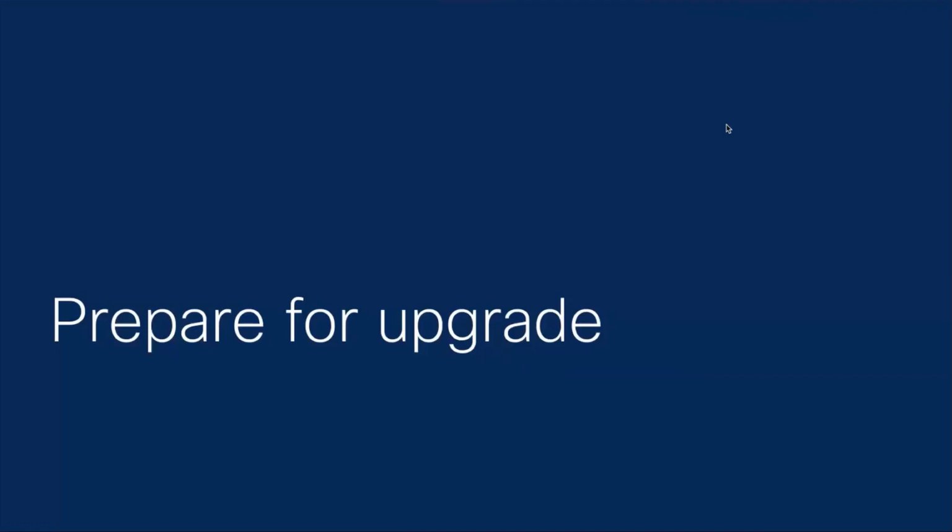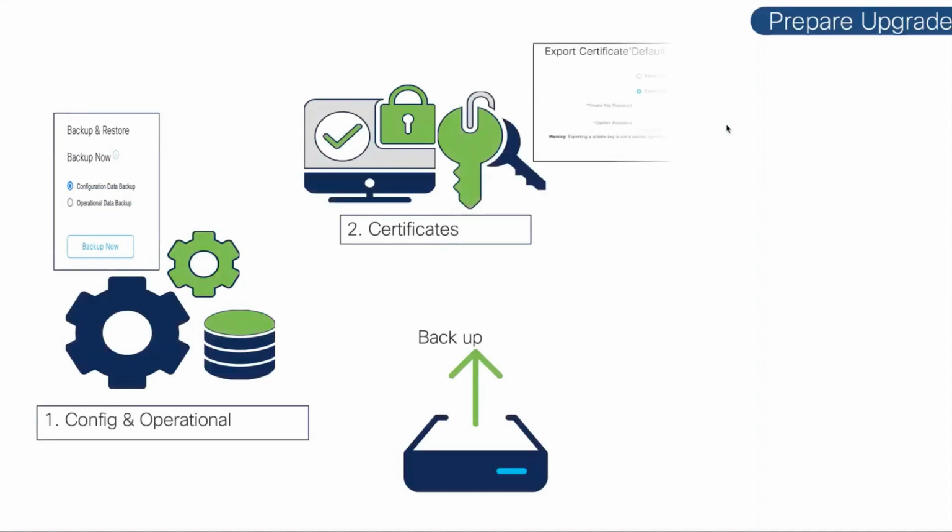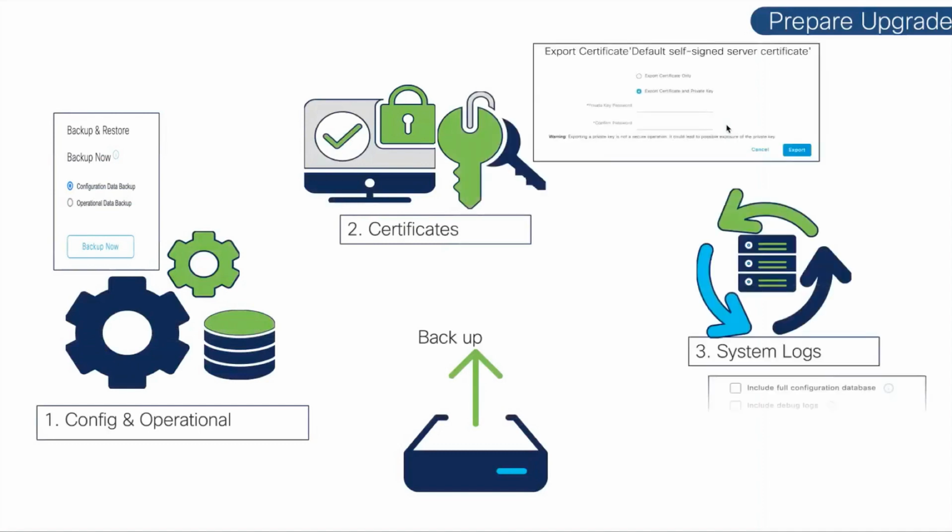Now that we have talked about the upgrade methods, irrespective of any method that you have chosen, we've got to follow a certain checklist before upgrading your deployment. That comes into the preparation of an upgrade. The preparation of the upgrade is a checklist which you're supposed to go through before upgrading your deployment.